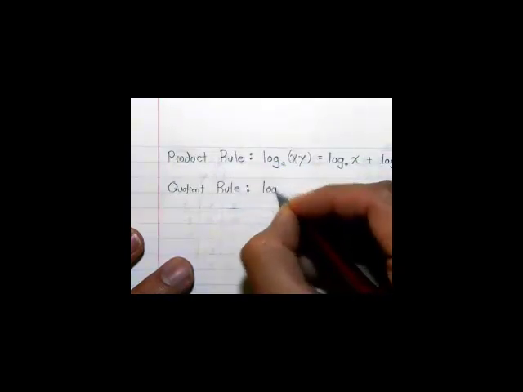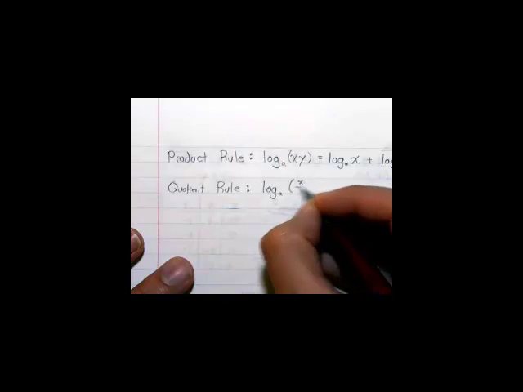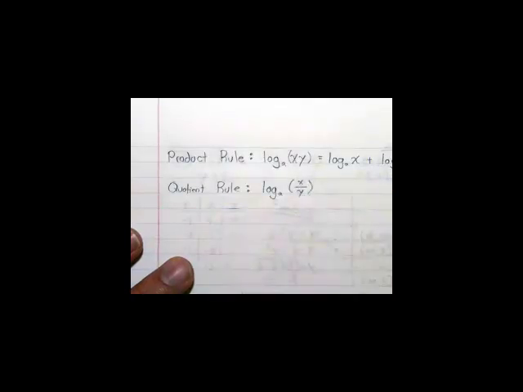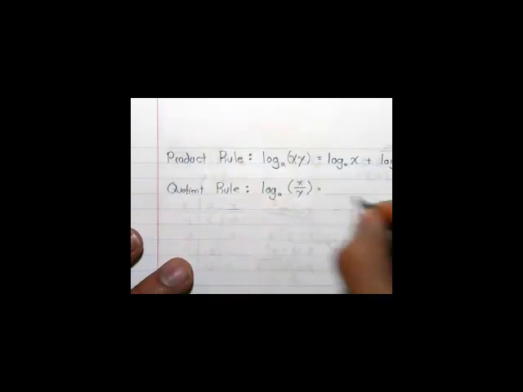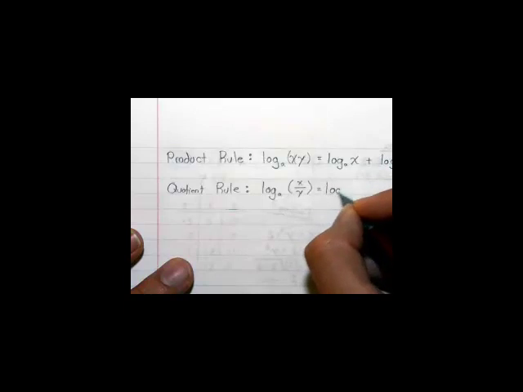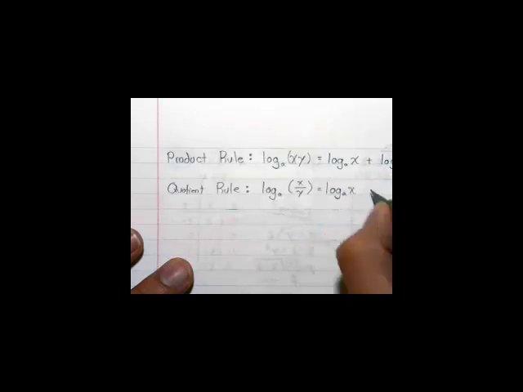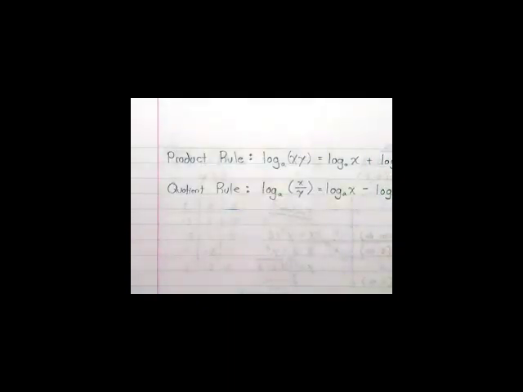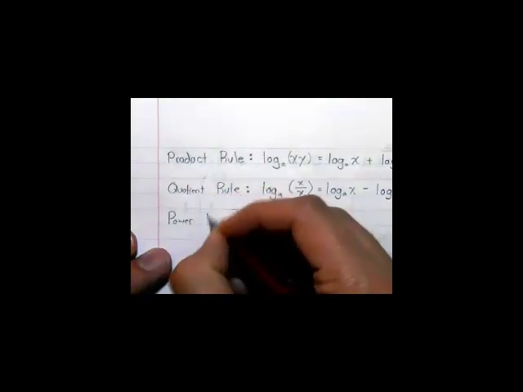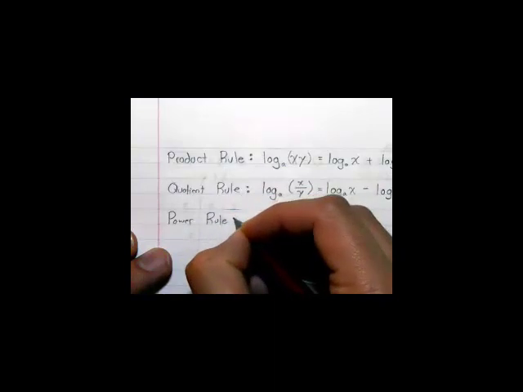So if you have the log base A of x over y, what's the only thing that changes? Yeah, it's just a subtraction then. And then the one we're probably going to use the most, the power rule.